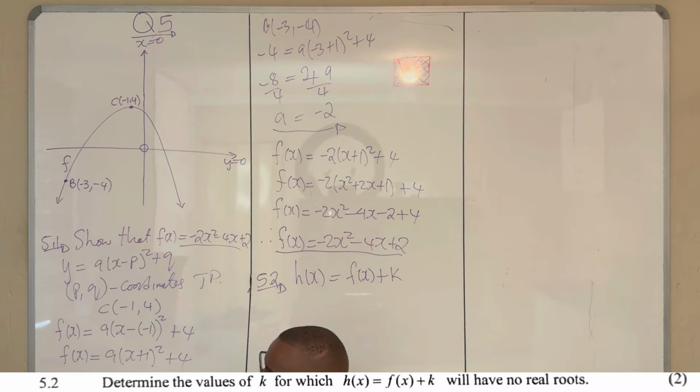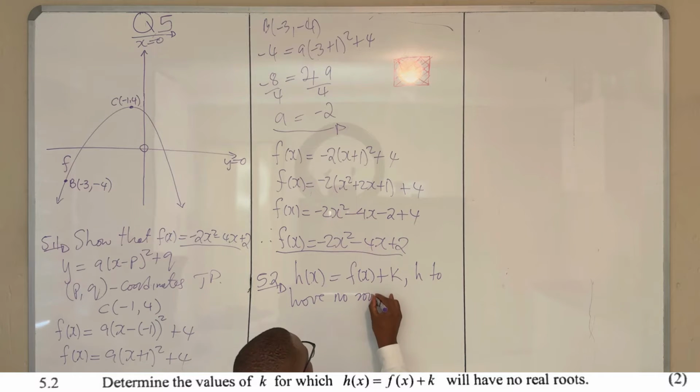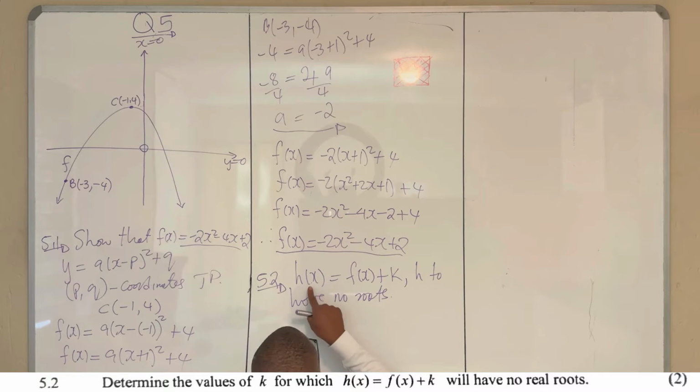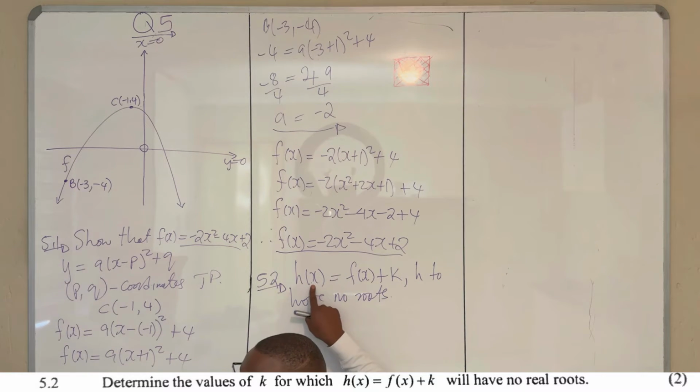Are you with me? So they want h to have no roots. They're asking, what should the values of k be so that this function has no roots?